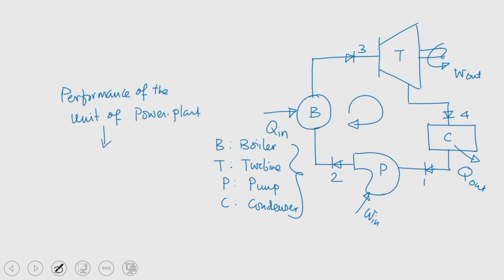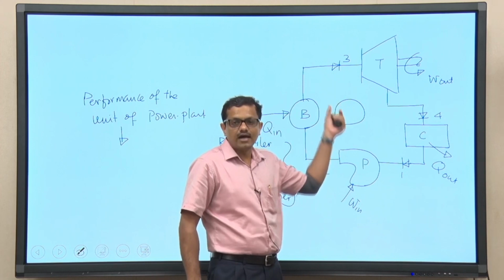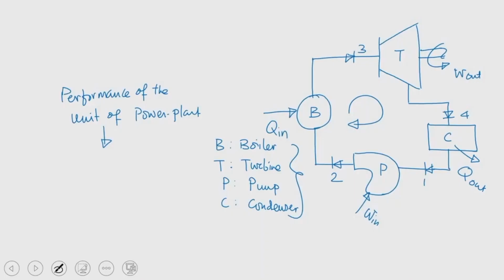If you would like to obtain it, we have identified all the processes, all these processes constitute together to form this cycle, as if the system is running in a cyclic manner, and finally, we need to compare the cycle of this unit with a thermodynamic cycle. So, basically the cycle is compared with a thermodynamic cycle.